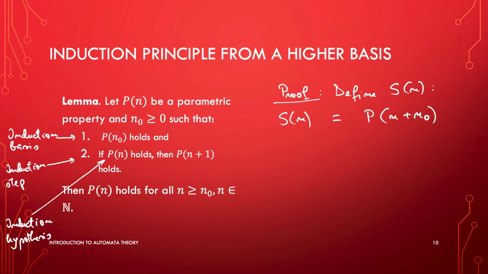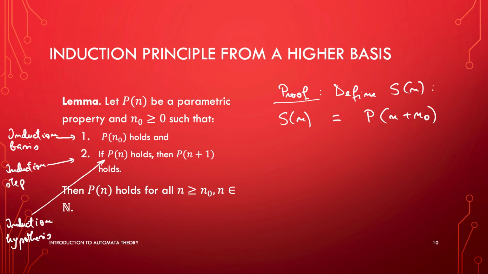So whenever I talk about S of 0, in fact, I'm talking about P of n0. Whenever I talk about S of, say, 100, I'm talking about the property P applied to 100 plus n0, and so on. And so the aim is to show that property S, defined in this way, holds for all natural numbers, which is exactly the framework of the standard formulation of the induction principle.